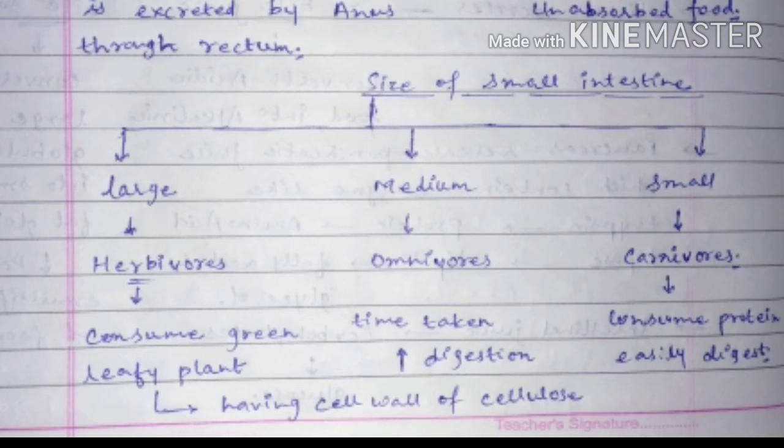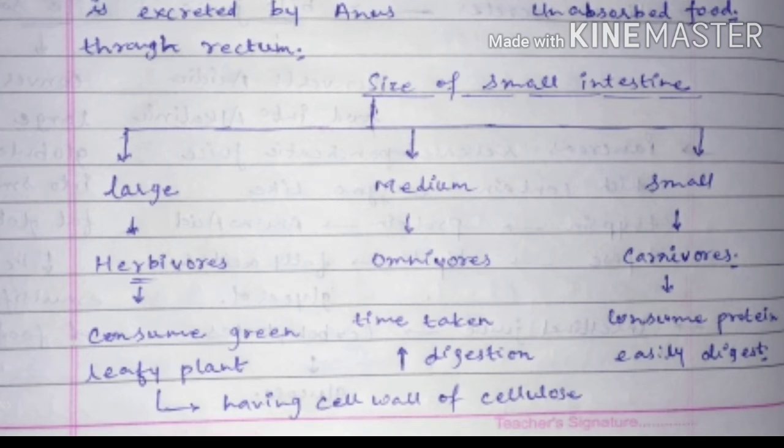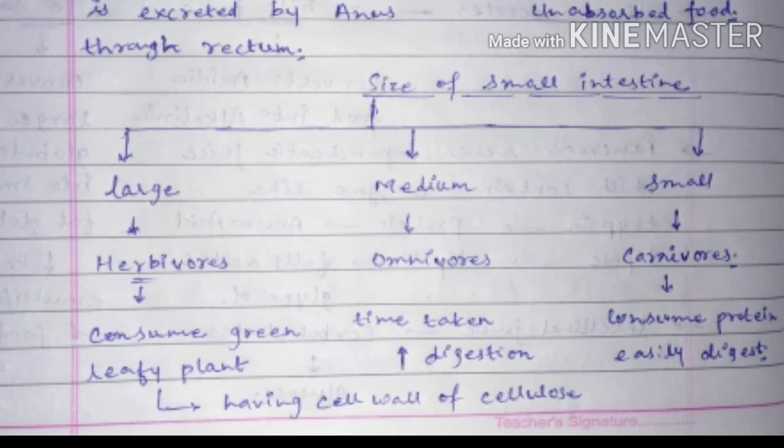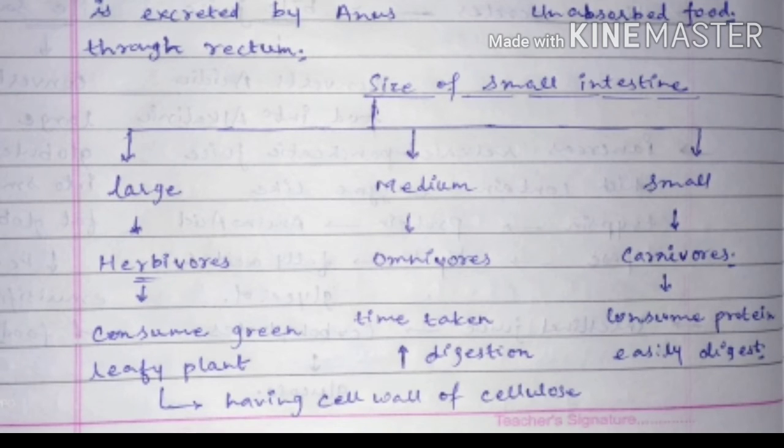Because herbivores consume green leafy plants, and these plants have a cell wall of cellulose, and cellulose takes too much time to digest, while carnivores mostly consume protein, that is flesh or meat, which is easily digested by the digestive system. Because of that, the small intestine of carnivores is small, and omnivores consume both types of food, so their small intestine size is medium.